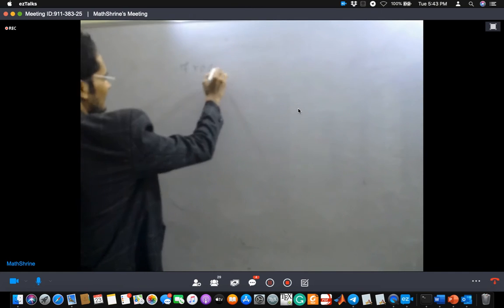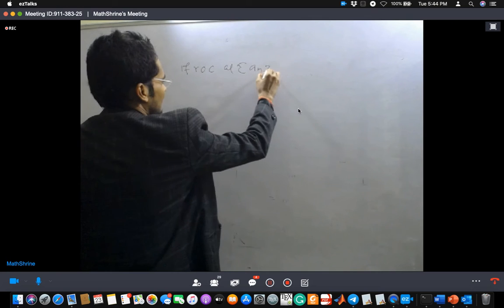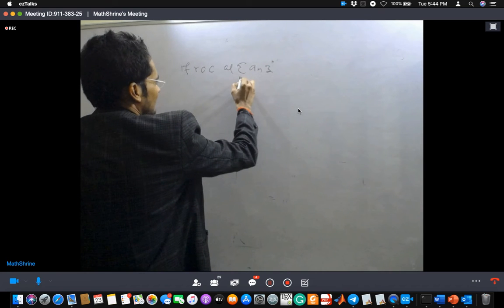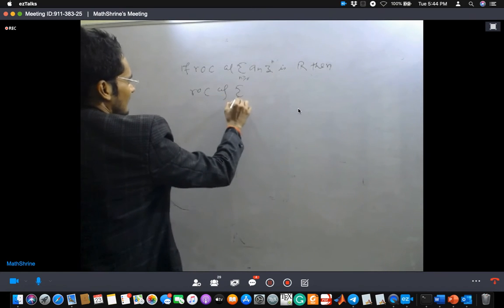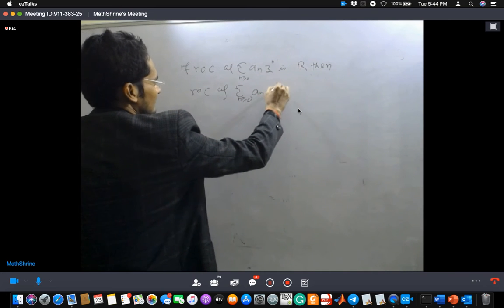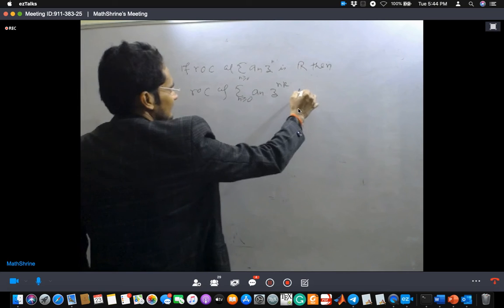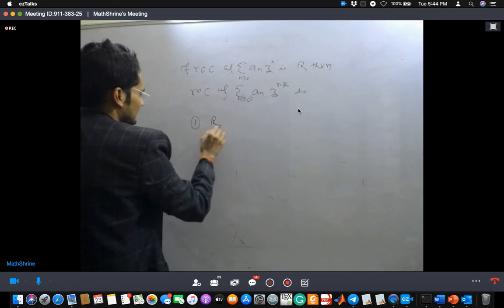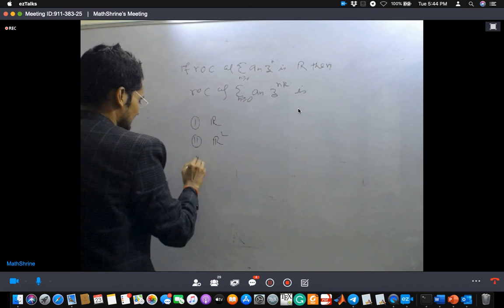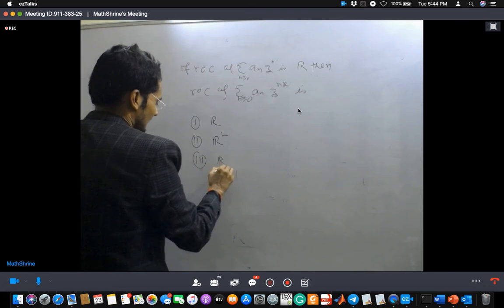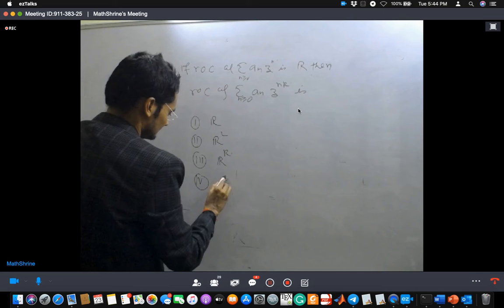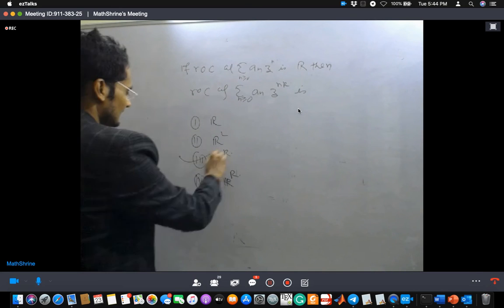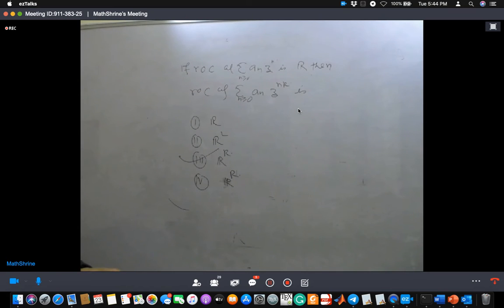What I mean is: if the radius of convergence of a series sum of a_n z power n is r, then the radius of convergence of the sum over n greater than or equal to 0 of a_n z raised to the power nk, or n power k, is: the first option is r, the second is r square, the third is r raised to the power k, the fourth is k power r. So the answer will be the third.